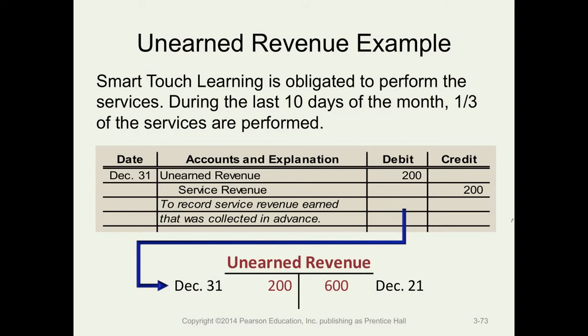You would debit the unearned revenue, you reduce the liability. On December 31st, you're making an adjustment to the unadjusted trial balance, so the liability goes down and the revenue is increased. This is going to be posted from the journal to the ledger, and at December 31st, the corrected balance of the remaining liability, this is the adjusted balance.